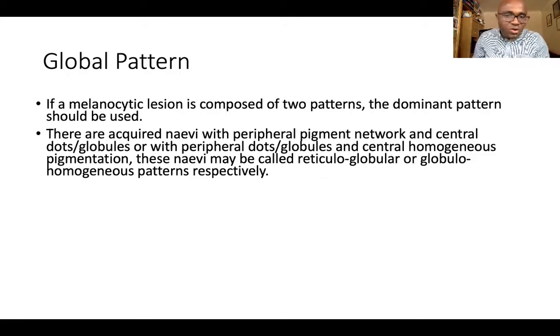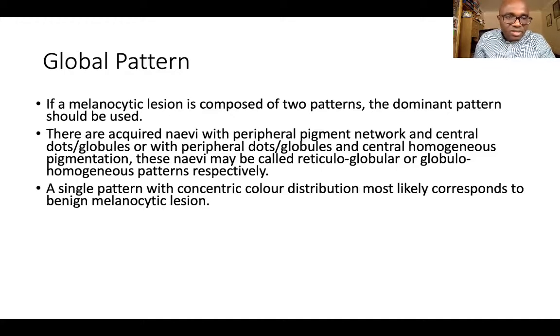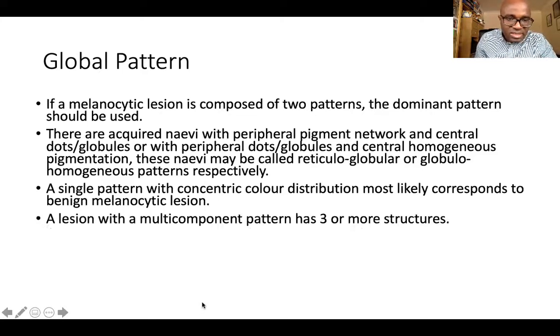These nevi you call either reticular-globular or globular-homogeneous pattern respectively. A single pattern with concentric color distribution most likely corresponds to a benign melanocytic lesion. So you have a single pattern with a concentric distribution. Think about a benign melanocytic lesion.